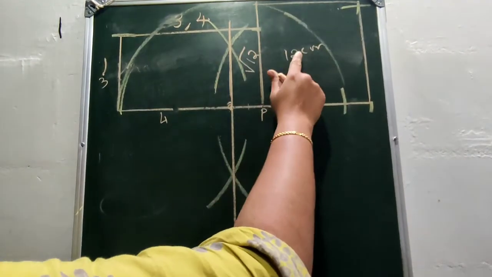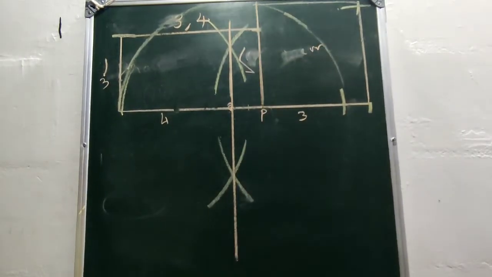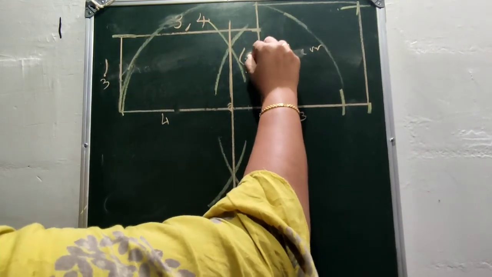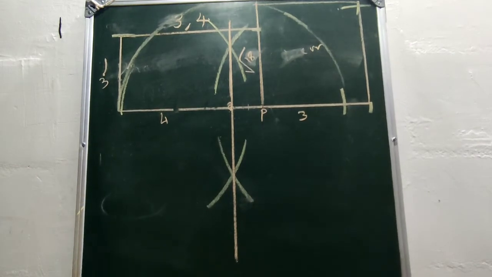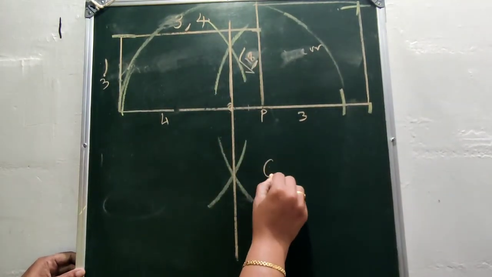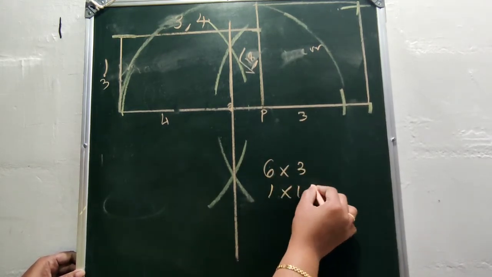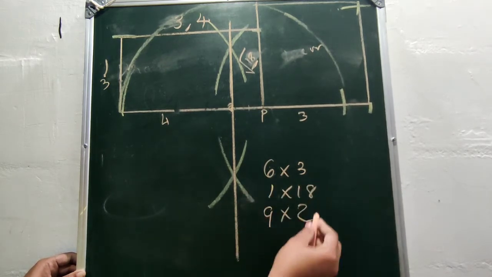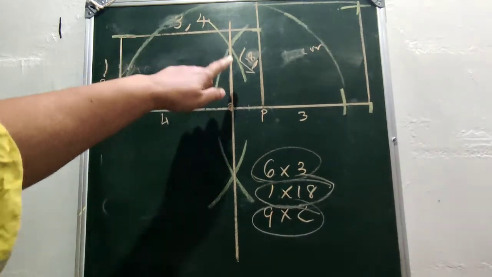Instead of 12, if this area is 18, which length and breadth should be taken here? To get 18, which are the factors of 18? Yes, 6 and 3 are factors, 1 and 18 are factors, 9 and 2 are factors. So you can take any of these as the length and breadth of the rectangle.